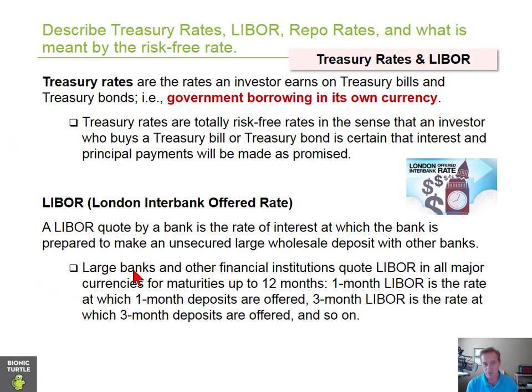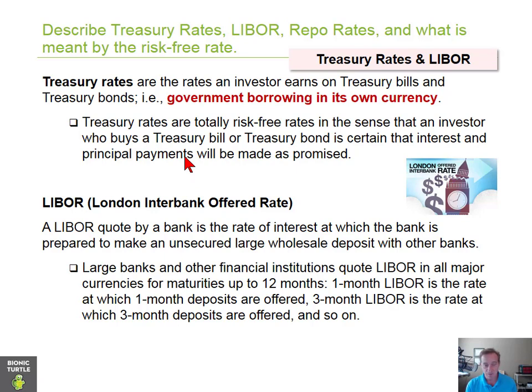We're following the chapter, and Hull introduces to us different rates. After all, there's no such thing as one interest rate. There are different interest rates. A treasury rate is the rate an investor earns on treasury bills and treasury bonds. That's a government borrowing in its own currency. I highlighted that because when I hear treasury rate, I think of the U.S. treasury rate.